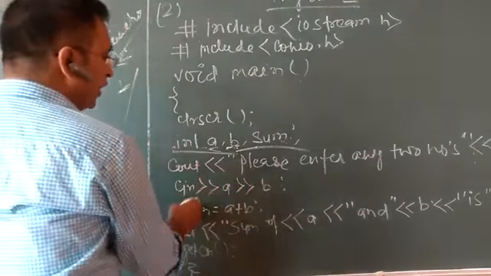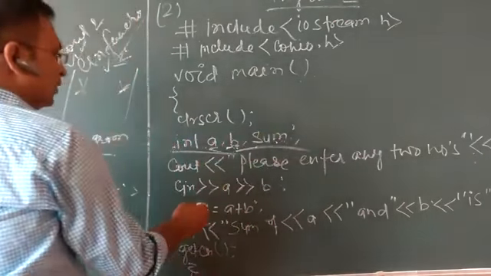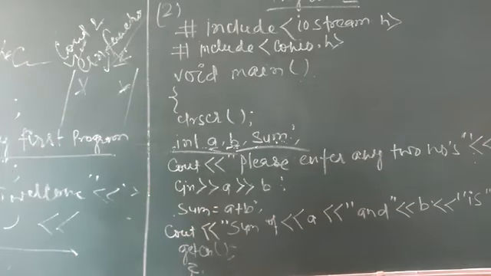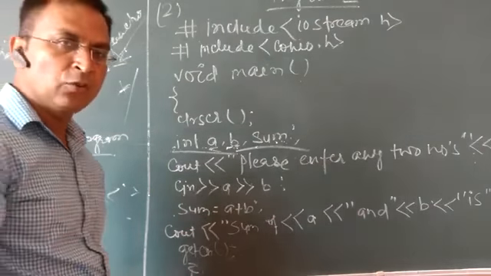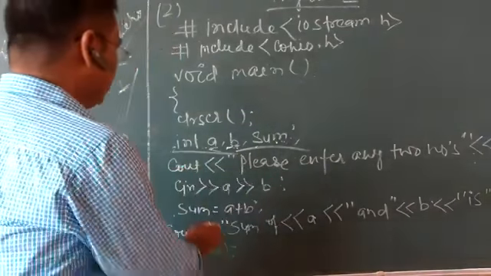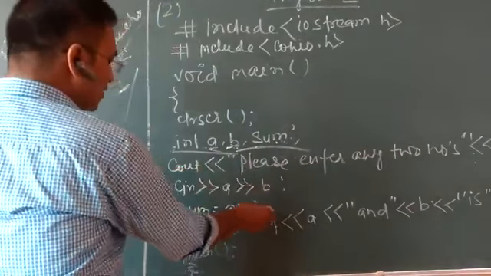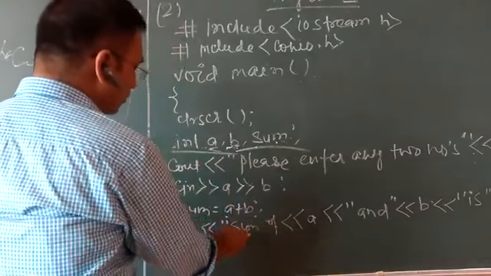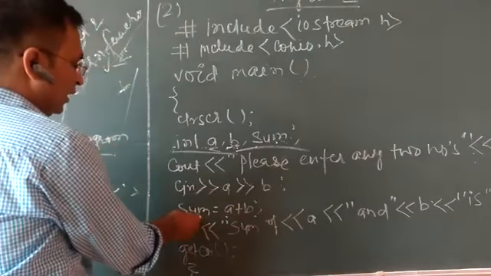And now we are using one variable, sum, because we are trying to add two numbers, and the result will be stored in one different variable. Sum is equal to A plus B. Meaning whatever A plus B value we provide will be stored in sum.